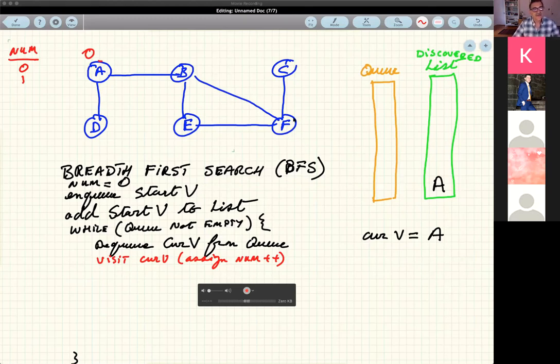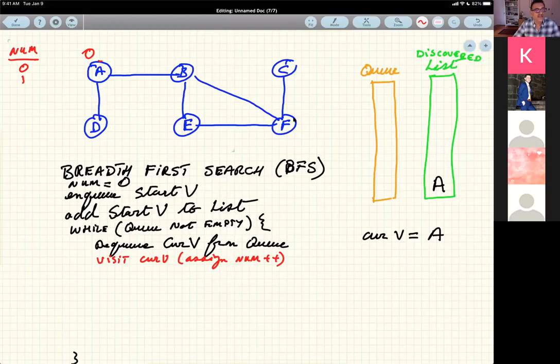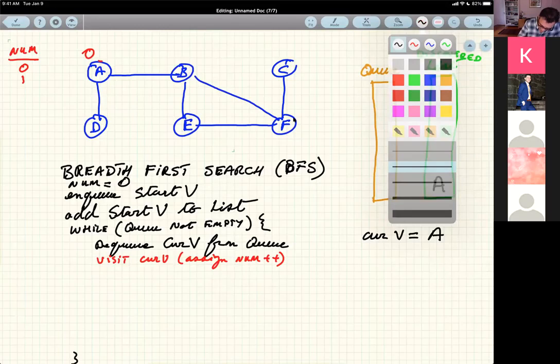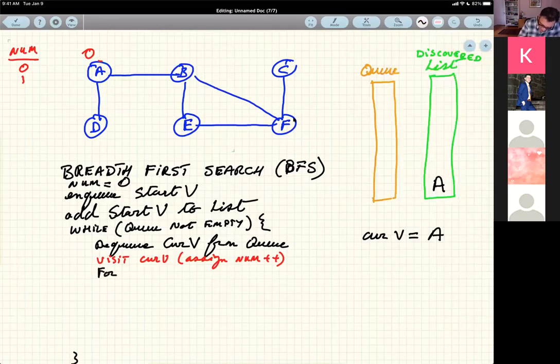For each vertex adjacent to the current vertex, do the following.